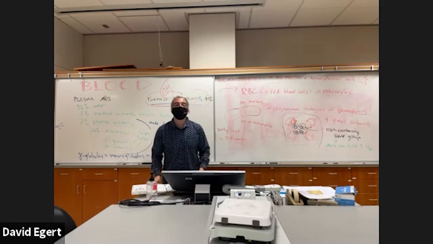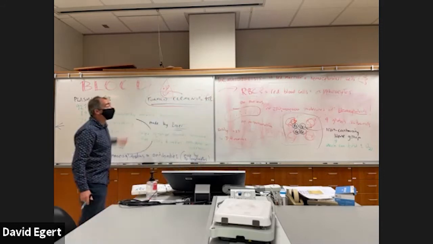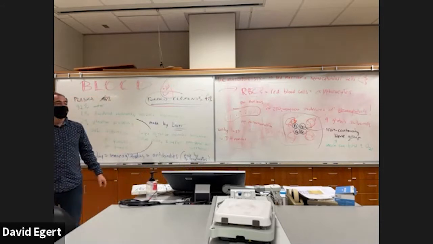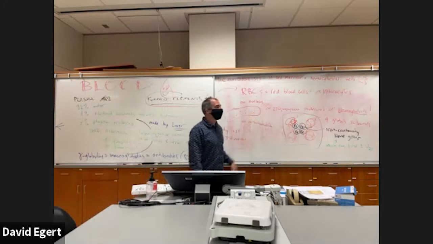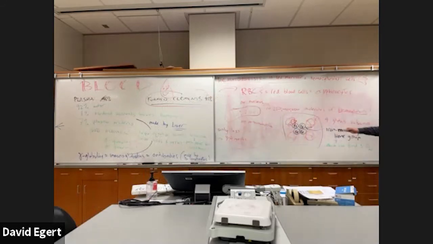What does that mean in terms of how many oxygen molecules 1 red blood cell can carry? 1 billion, right? We have 250 million molecules of hemoglobin, and each one can carry 4 oxygens.